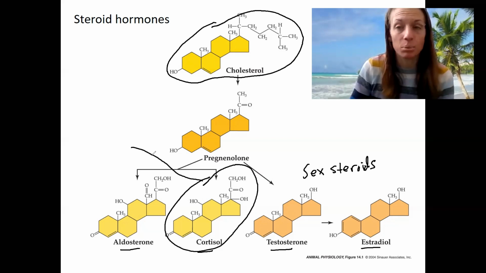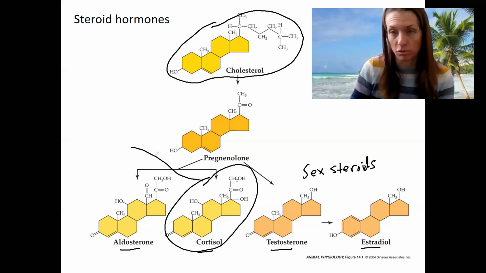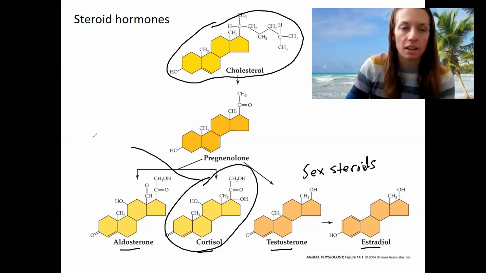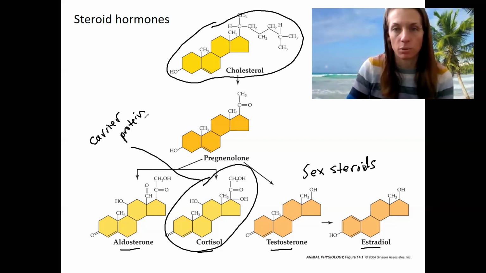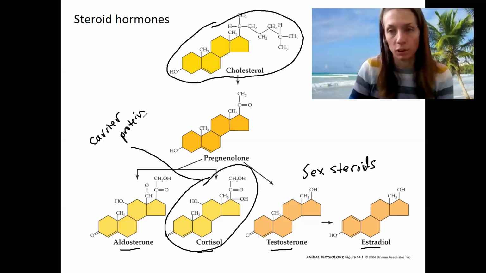Why not? The blood is mostly water, the plasma portion of blood. So it needs a carrier protein. All of these do, to be happy traveling in the blood. So you'll see sometimes with clinical blood values of steroid hormones, as well as thyroid, there's bound and unbound values, whether it's bound to the carrier protein or not.